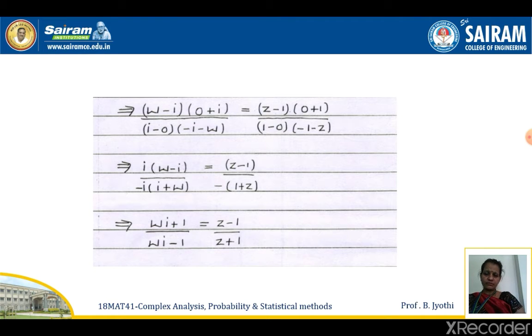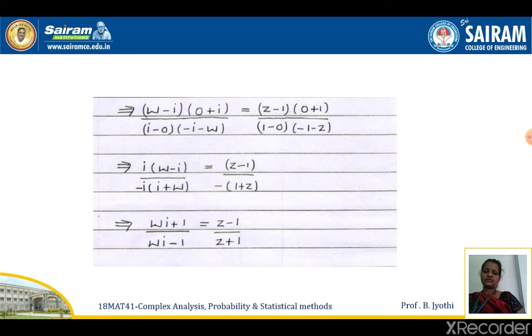So this we have replaced with the W values and then the Z values. And in the left hand side we can take I common in the numerator as well as in the denominator, apart from the minus sign in the denominator. And in the right hand side we get (Z minus 1) divided by minus, taking common, (1 plus Z).